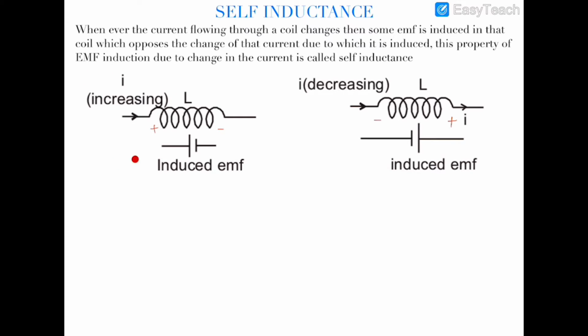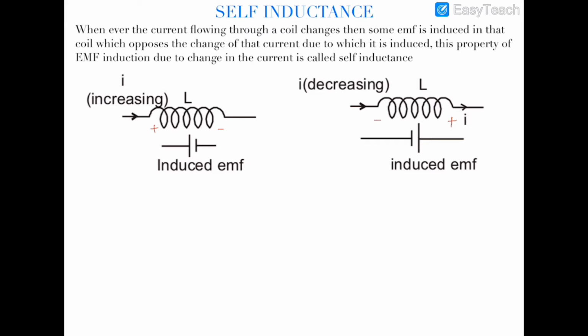In the first case, the current is increasing, and hence this EMF will try to oppose this current and decrease it, because the cause of its induction is the increasing current. We also know that current is always opposed by positive polarity.